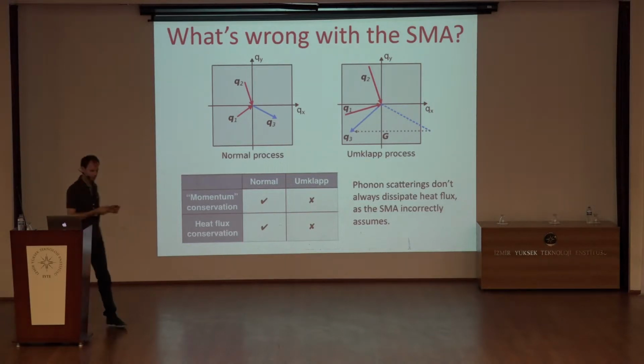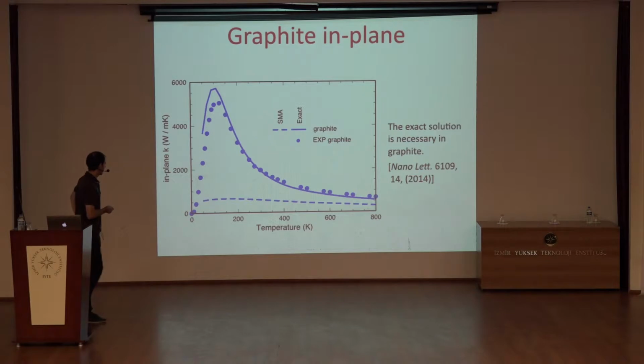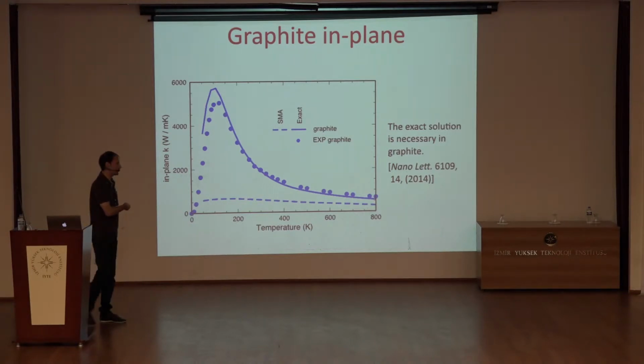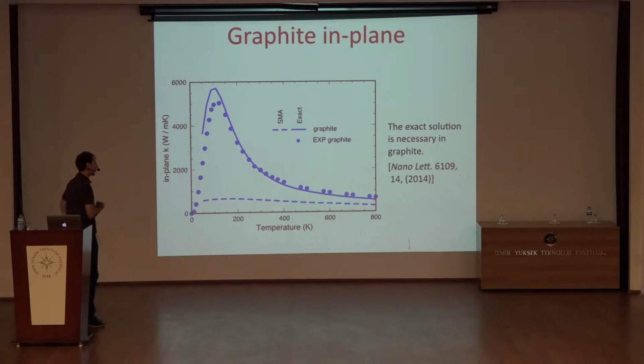Now, in most cases, you might even be happy to forget about the differences between these two processes, but sometimes you cannot do that. If you, for example, try to get the thermal conductivity of graphite in the in-plane direction using the relaxation time approximation, you get these dotted lines. The experiments are these dots, which are up there, and you can only get to those values if you are able to solve and evaluate the thermal conductivity using the complete expression of the scattering matrix.